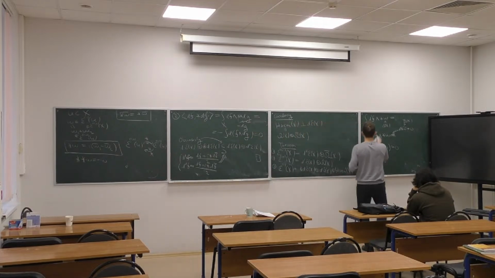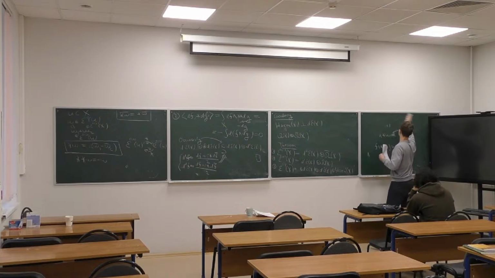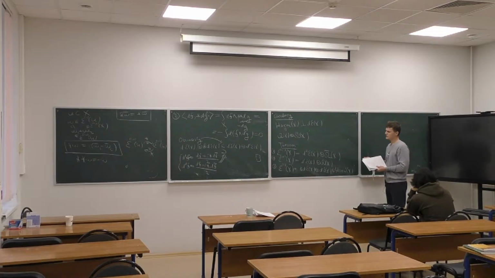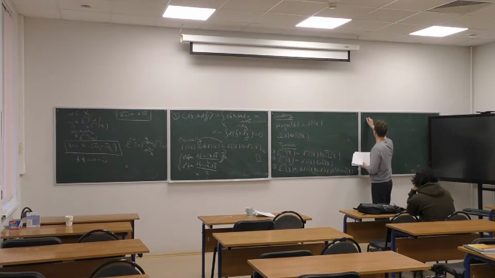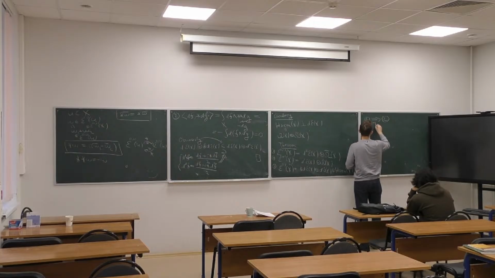So basically the only non-trivial part is part 1, because from 1 we get 2 by conjugation.